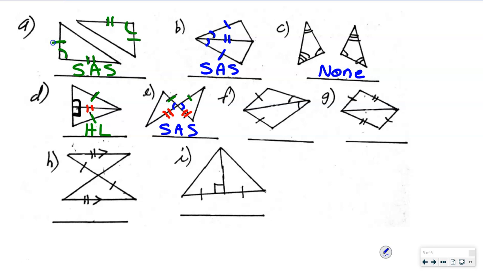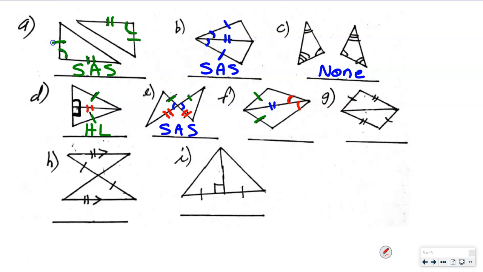Then letter F, we have a shared side here in the middle. Two sides out here in green. And then an angle over here on the right. So since we've got two sides and an angle, it's got to be side angle side.